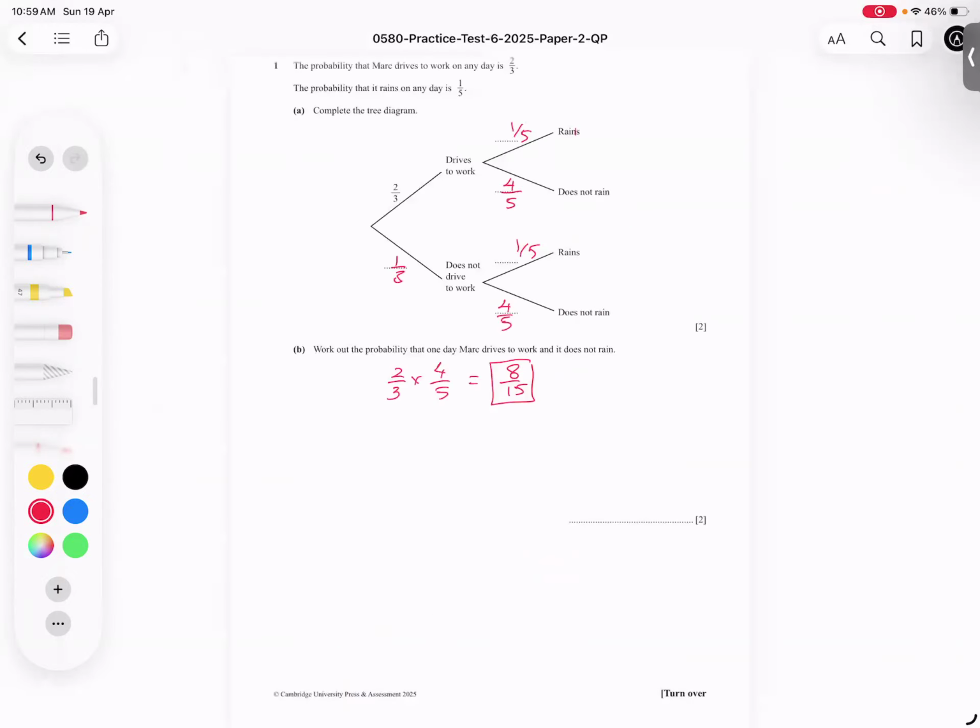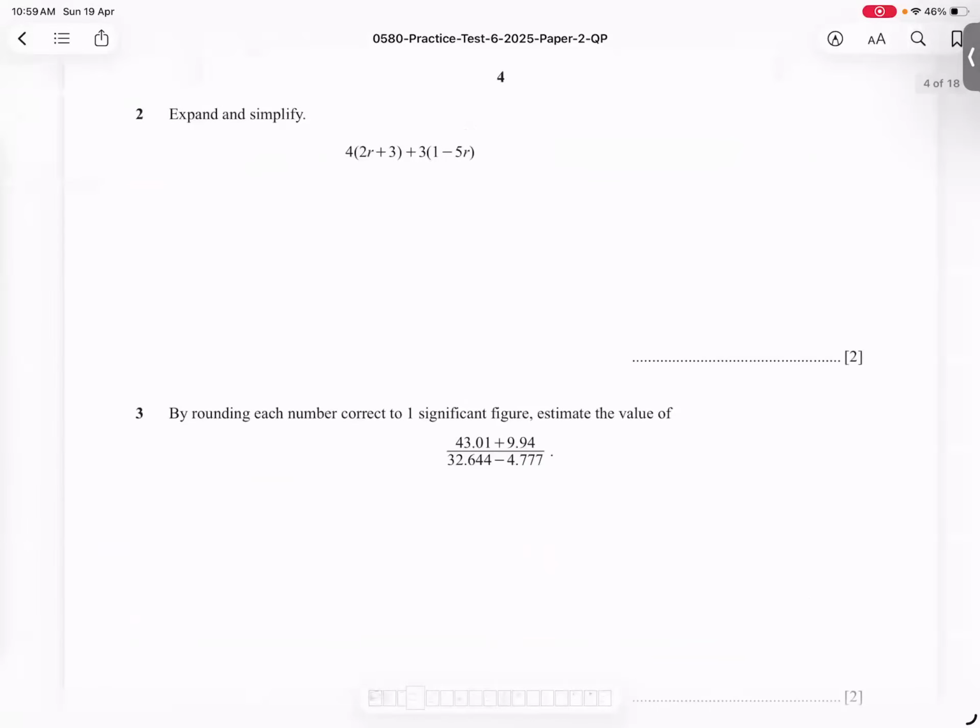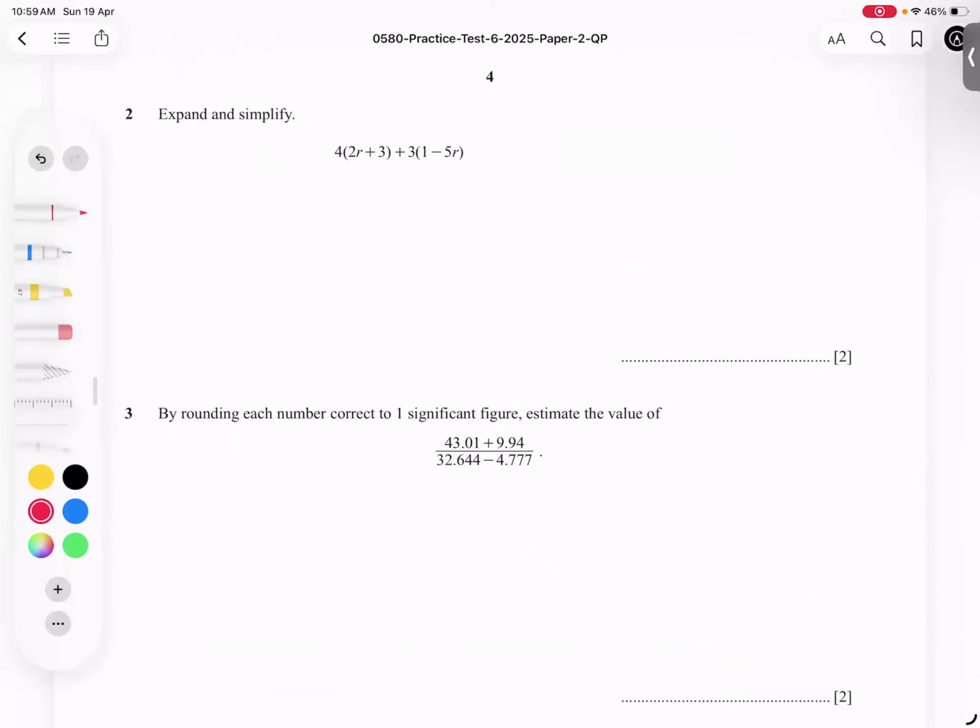So let's go for question number 2. Question number 2, students, we have to expand and simplify. So 4 multiplied inside: 4 twos are 8r, 4 threes are 12. 3 multiplied inside: 3 times negative 3, and 3 fives are 15. Now students, we have 2 r-terms and 2 numbers without r. So this 8r and this negative 15 bring close to it, so when I bring it close the sign will not change. 12 and plus I can write separately, and now I can count this as plus 15.